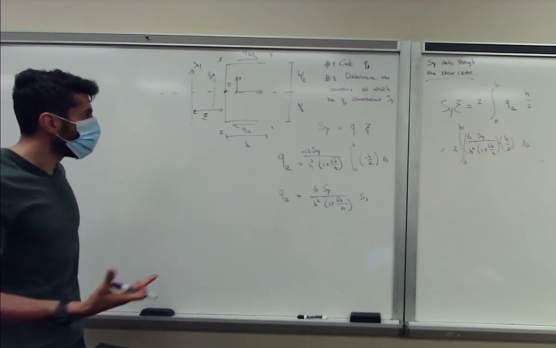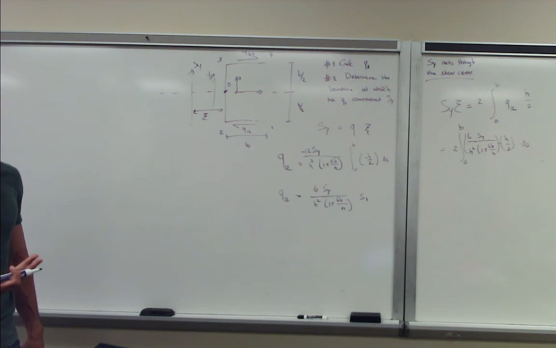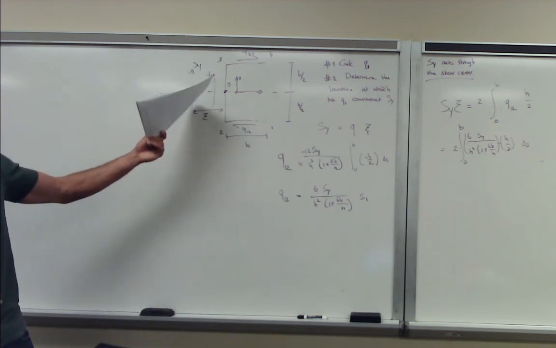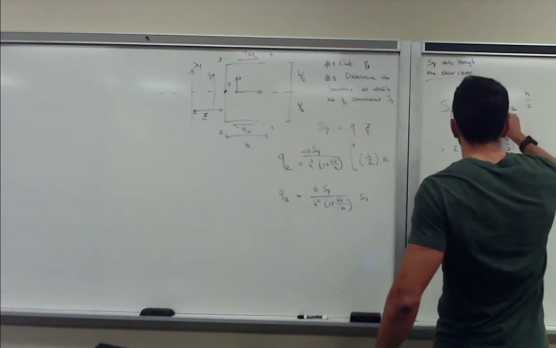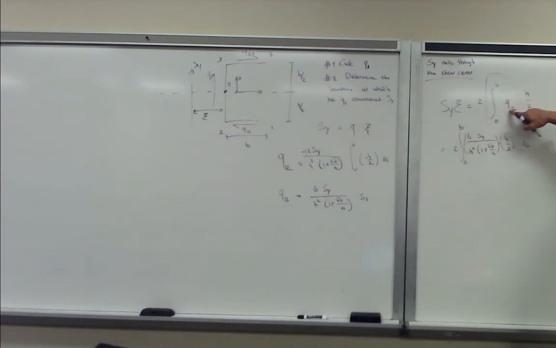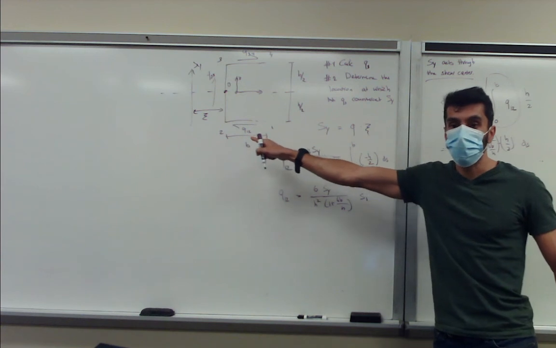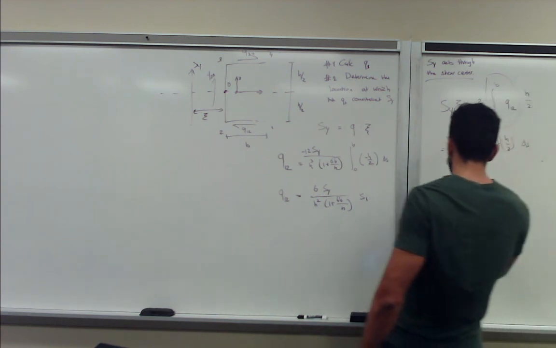Once we have a force, we multiply by an arm to get our moment, and that moment must be equal to the moment caused by the external shear flow. So this is our shear flow, integrated over the path that we travel from 1 to 2 to get our shear force, multiplied by our moment arm to get the moment. And then we just evaluate this integral.